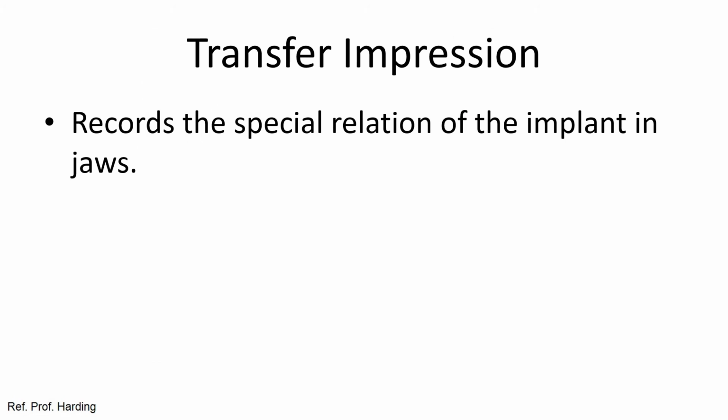Now, a particular type of impression to implantology is called the transfer impression. Now, most dentists are familiar with a dental impression, which records the topography of the jaws, the gums, and perhaps prepared teeth, and records margins. And this is used to make a model for the fabrication of a crown or prosthesis.